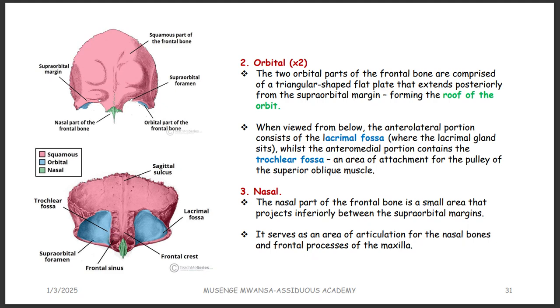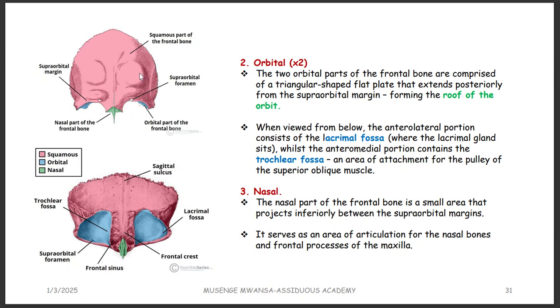It's an important one because as we start looking at the muscles that hold the eyeball in place in this space where the eye is found, we have different muscles. The trochlear fossa is going to be an important one that will be holding what we call the superior oblique muscle. So please just take note of that.